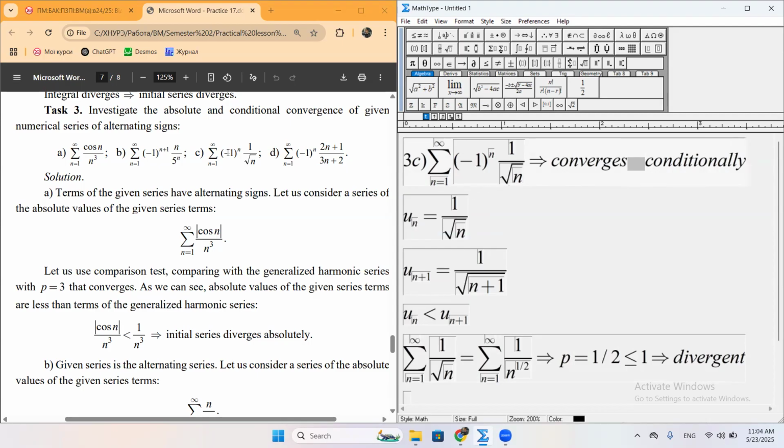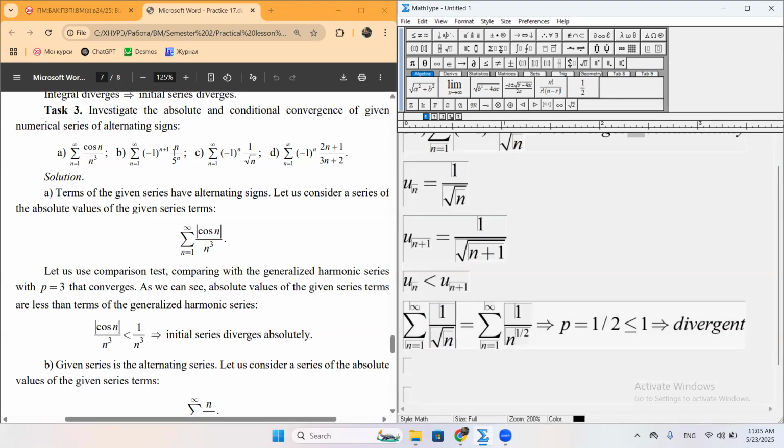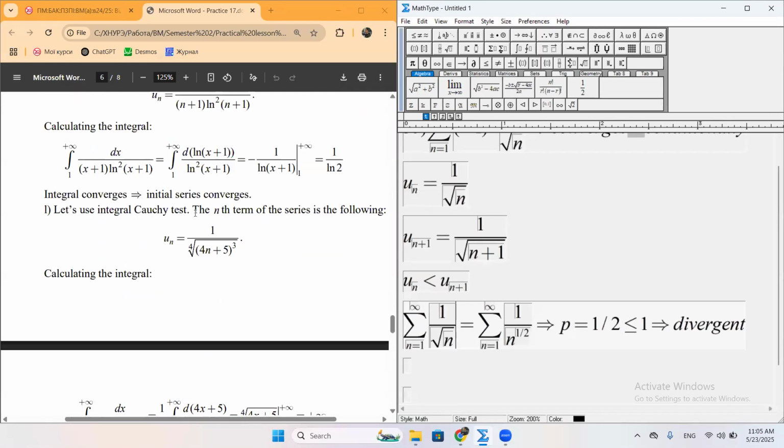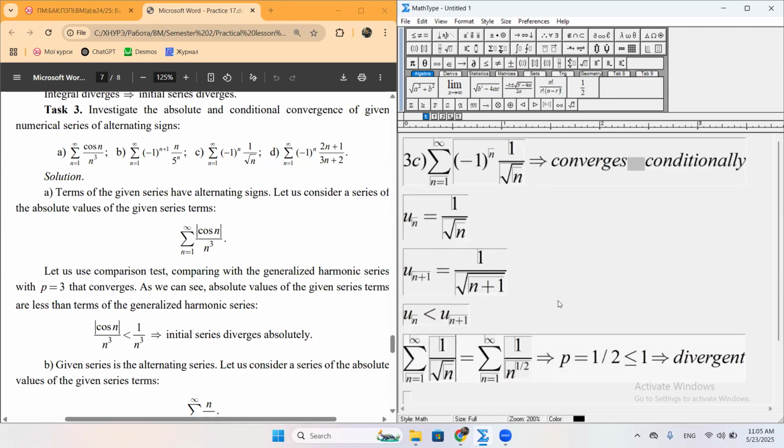Actually, there are two ways to investigate such series. You can start by investigating the series of modules, and if the series of modules is convergent, you can write down that the series converges absolutely, and you will not have to use the Leibniz test.